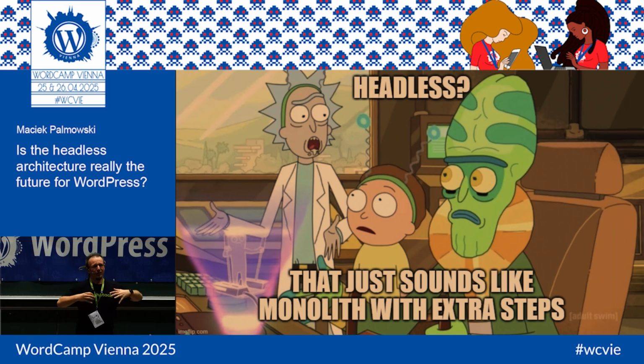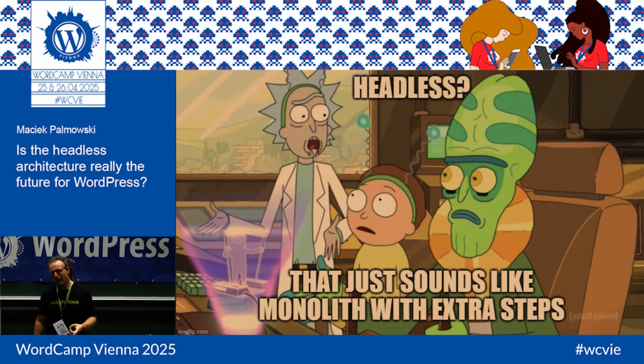We are taking something that works, and works very well, I mean how WordPress works, and we are adding additional layers to make it more difficult, so it doesn't make any sense. That's why now I will show you two more complicated examples that really show what power you can get thanks to going headless.